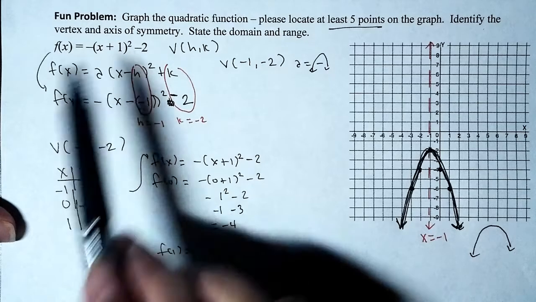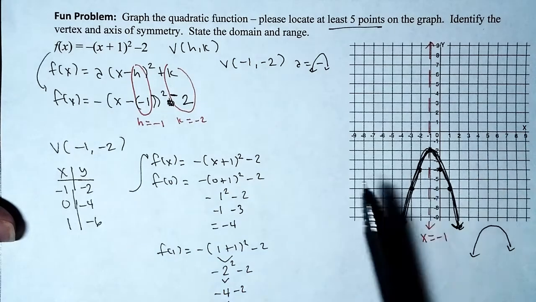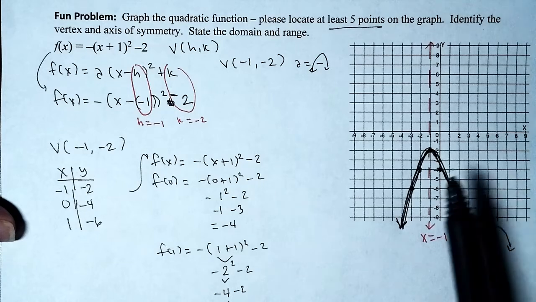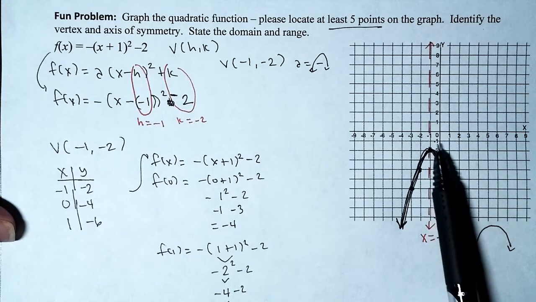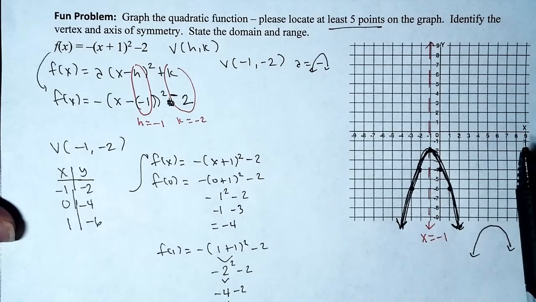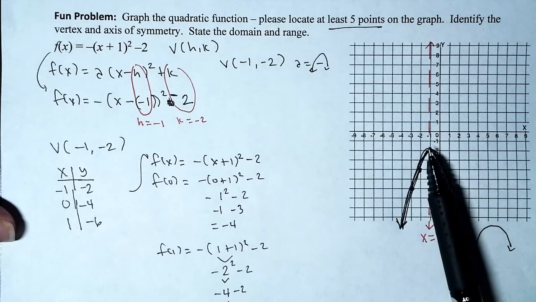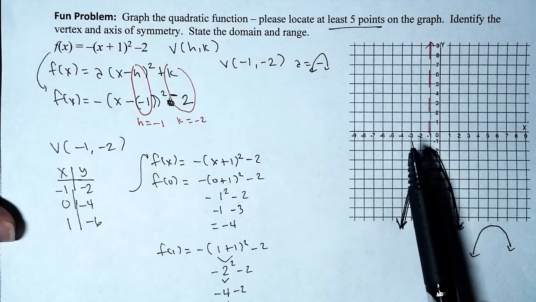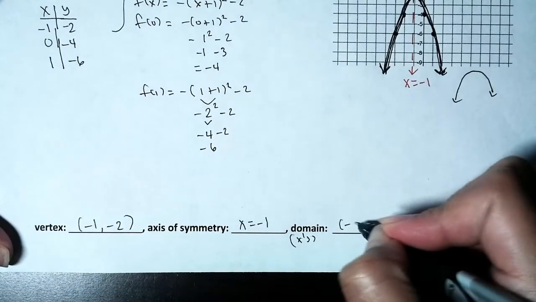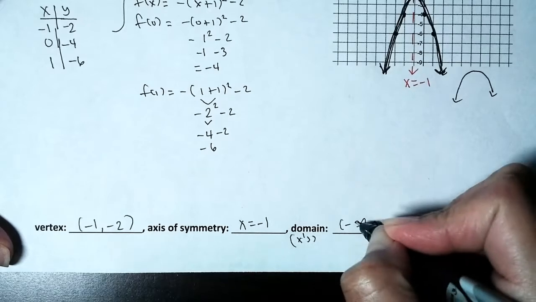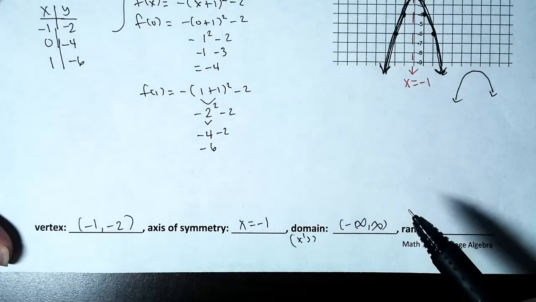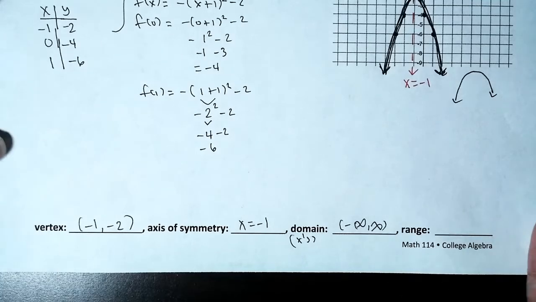From the graph, we have all the negative x values and all the positive x values. So in interval notation, it will be the interval from -infinity to +infinity. There are too many numbers to list, so we put it in interval notation.